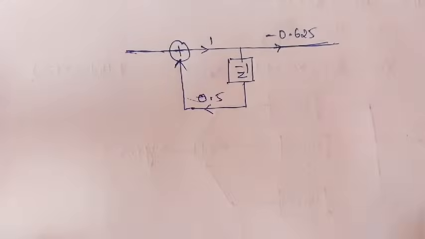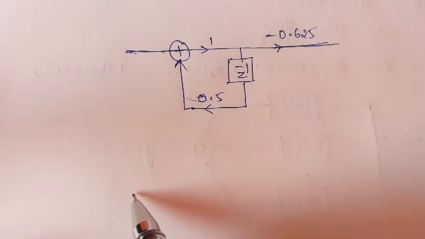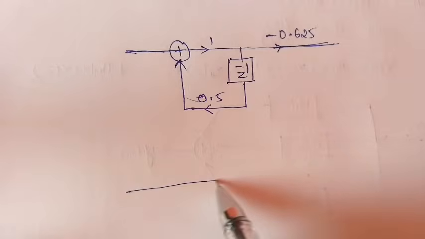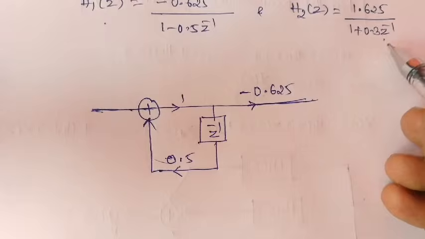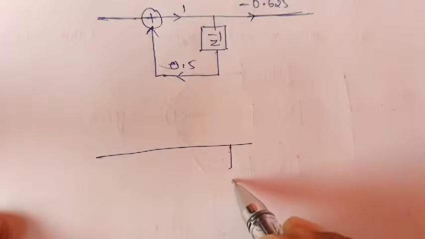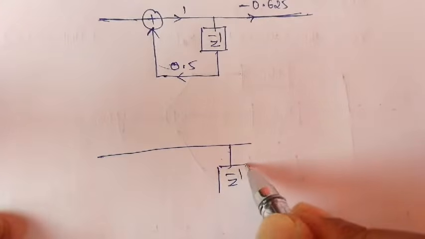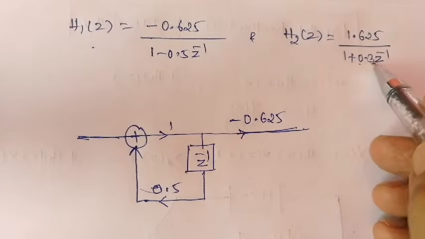Similarly for H2 of z: one unit delay, multiplied by plus 0.3.